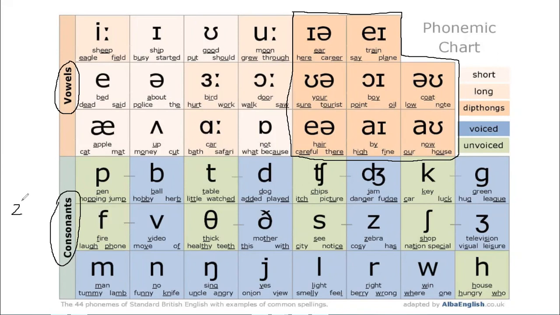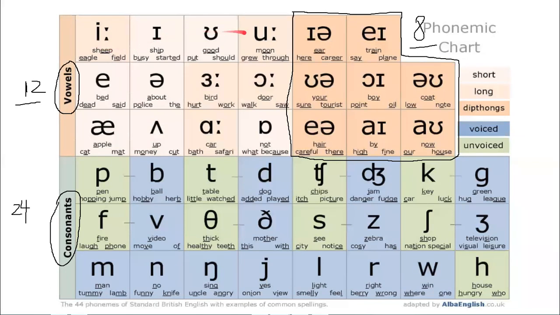We have 24 consonant sounds, 12 vowel sounds, and 8 diphthongs. Each diphthong or each vowel or each consonant pronounces differently.